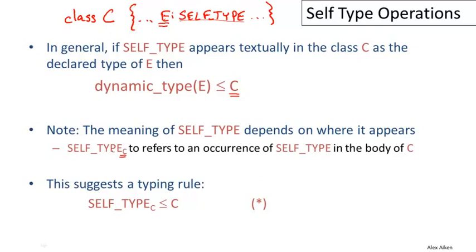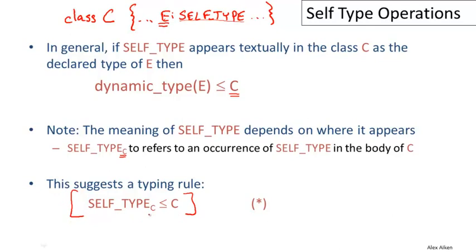So self-type sub C is going to refer to a syntactic occurrence of the keyword self-type in the body of the class C. And this also suggests a very simple typing rule, and really the first useful fact about self-type, which is that self-type sub C is a subtype of C. And this is really a key idea here, that a self-type in class C is some subtype of the class C, because this also helps illustrate what self-type really is.